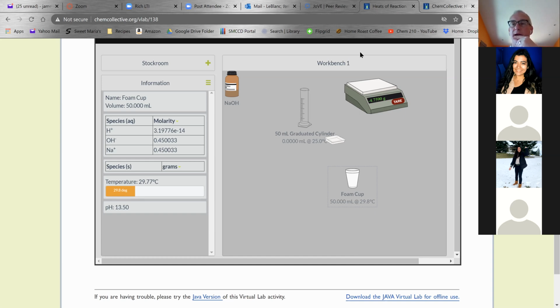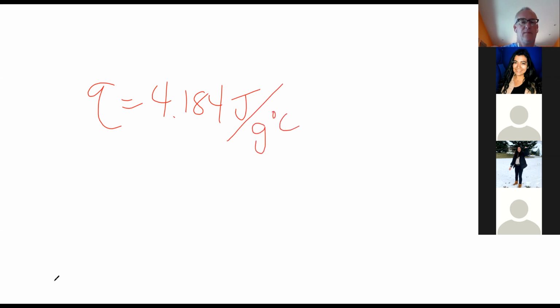How are you going to calculate Q for that reaction? So 4.184. Okay, so Q is going to be 4.184. 4.184 what? Joules over grams per Kelvin. Yep. Or delta C or degrees C, same thing.